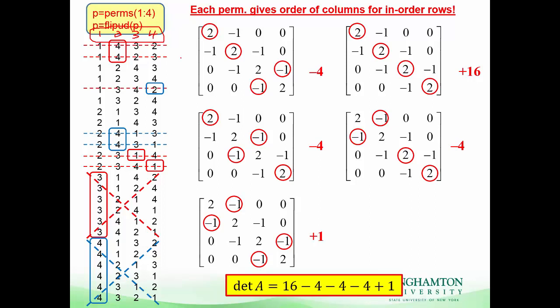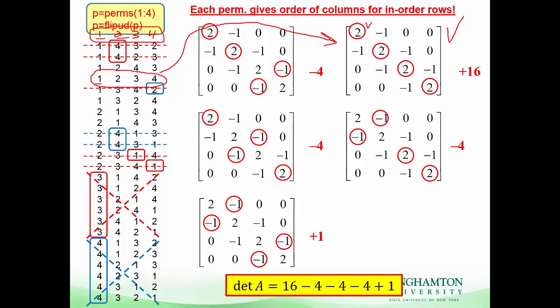So the first thing I'm going to do is go through this one, which will give us a non-zero result, and it will actually give us this result. These circles here are showing the elements that are being picked. So what is that saying? It's saying take row 1, column 1. That's this.